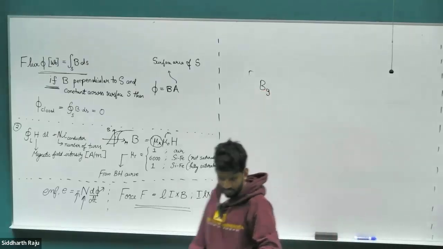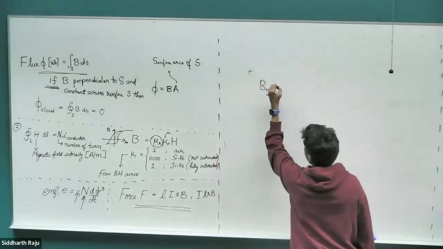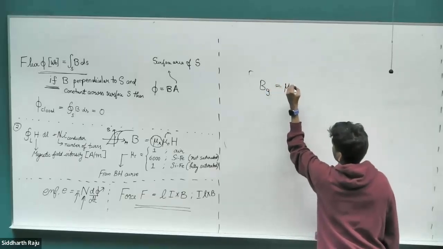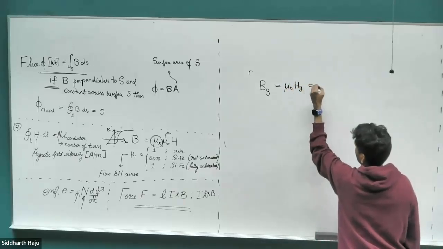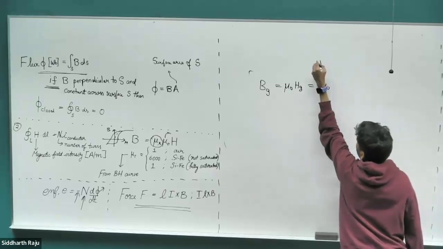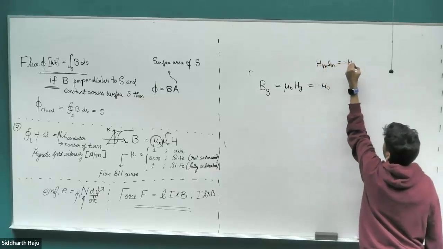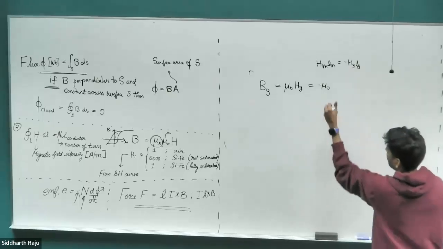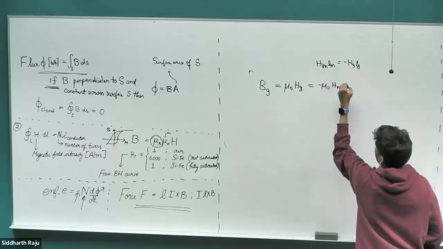We had our Bg equation, which was Bg equal to mu naught times Hg, which in turn was equal to negative Hm Lm by Lg, because Hm Lm was equal to negative Hg Lg from our integrated equation.